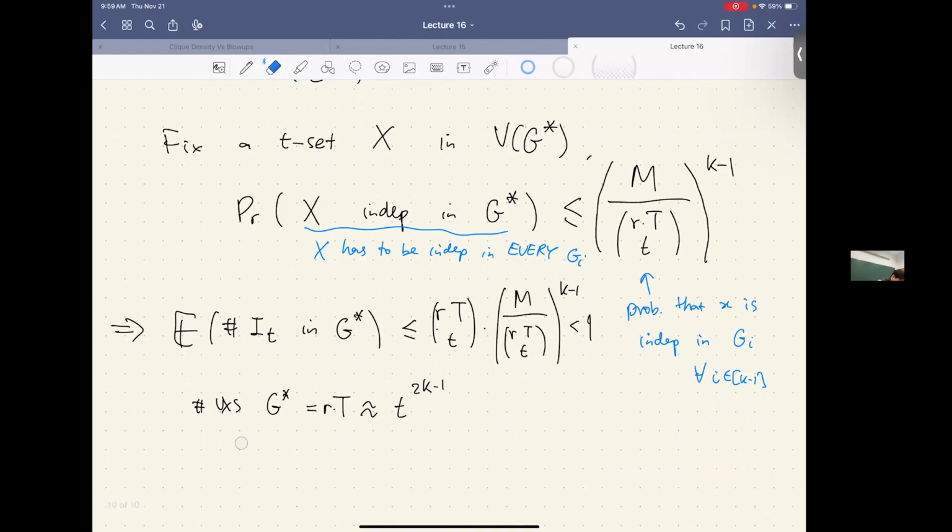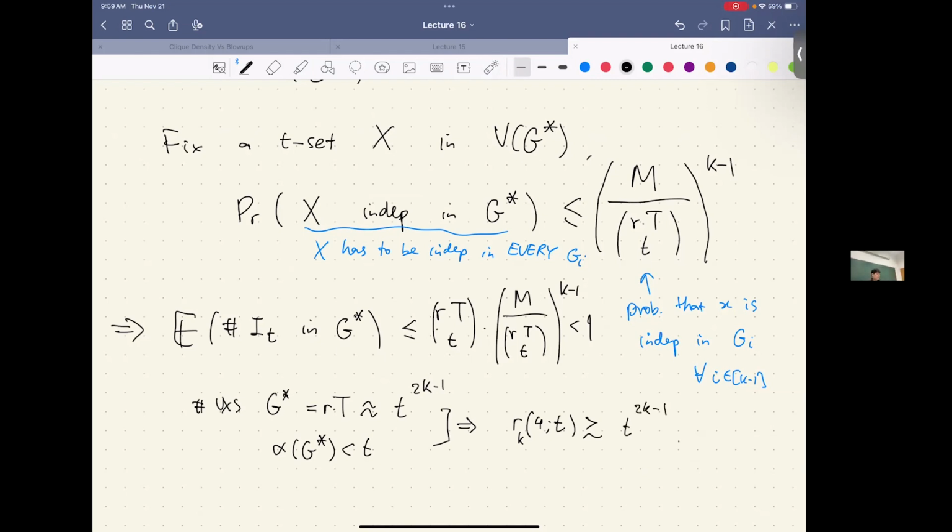And alpha of G star is less than T. This implies the thing we want, up to a polylog factor, T to the 2K minus 1. Okay? Any questions?